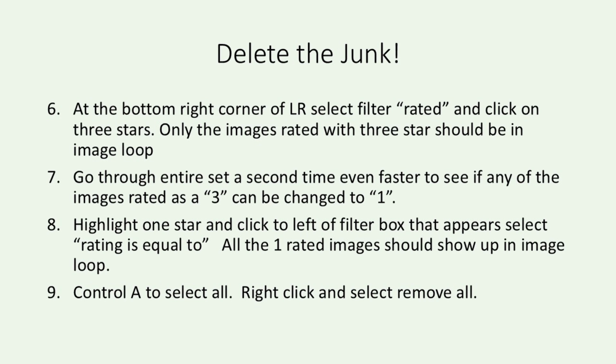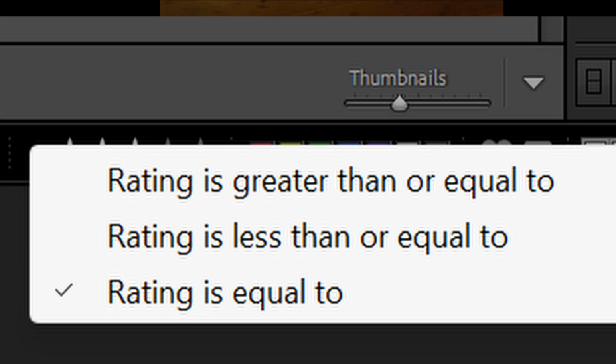Often you do this because you saved an image and you found further down there's an even better one, so the original one can be junked. Go down to the star and highlight 1 star. To the left of the filter box, there is a pull down menu, and make sure the rating is set equal to.